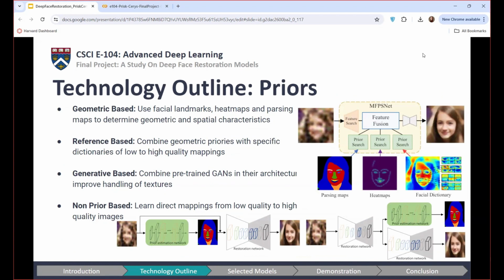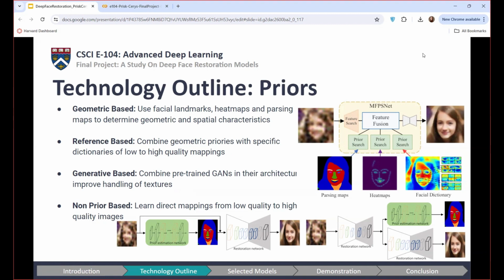Deep face restoration has additional complexity compared to traditional image restoration due to the specific facial structure. To account for this, some models use prior knowledge of facial structures. This can lead to improved accuracy, but can be affected by issues such as the angle of the face. Models that use geometric priors use methods such as facial landmarks, heat maps, and parsing maps to determine geometric and spatial characteristics of the face.